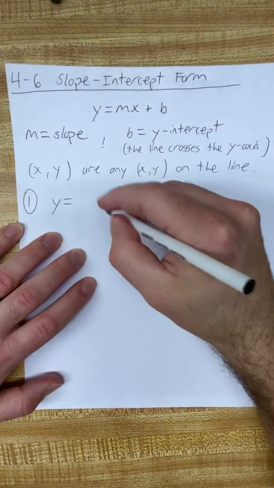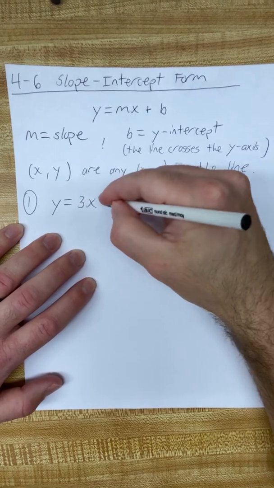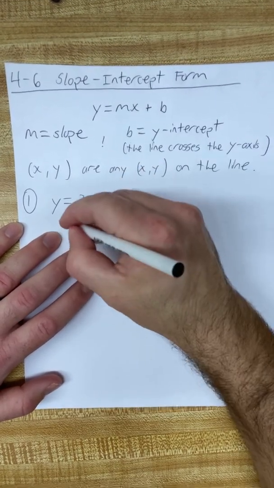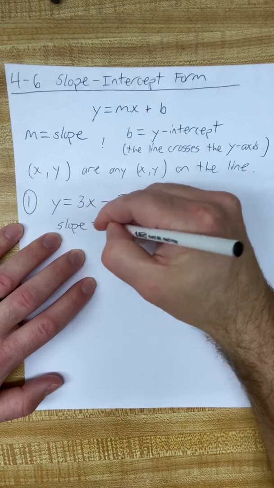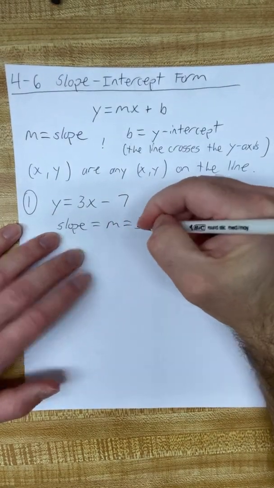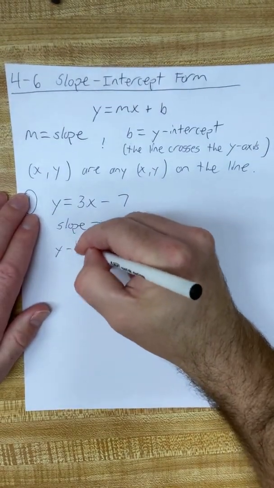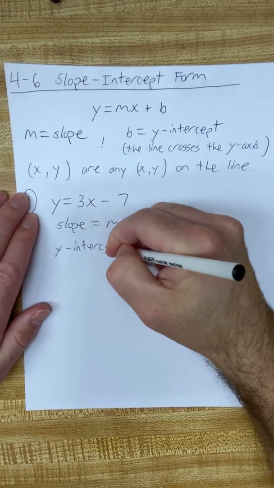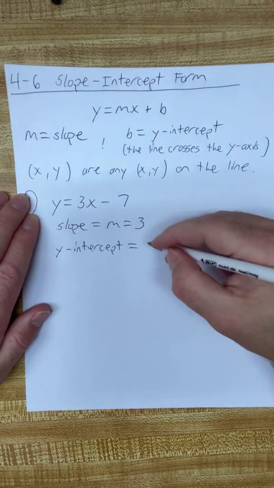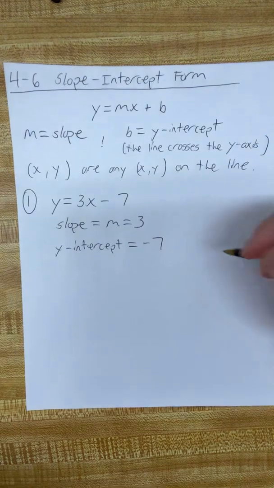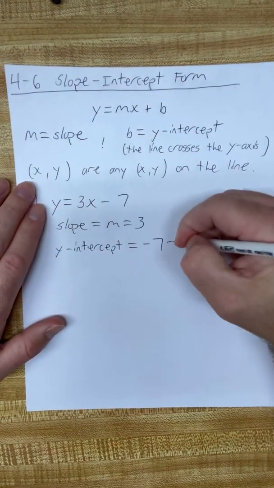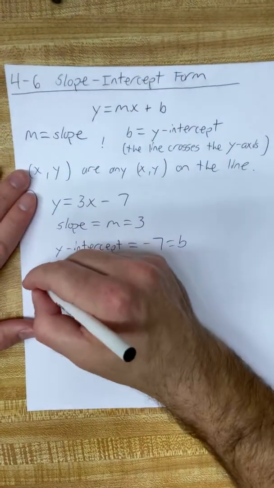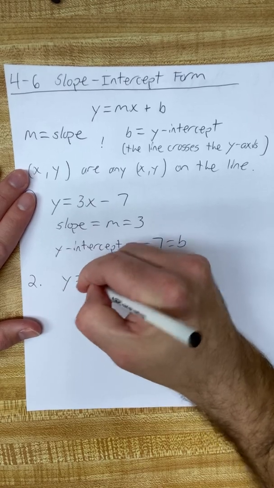If you were given y equals like 3x minus 7, your slope here is 3. Your y-intercept is negative 7. Again, that's b. Okay, you could have a fraction for a slope.